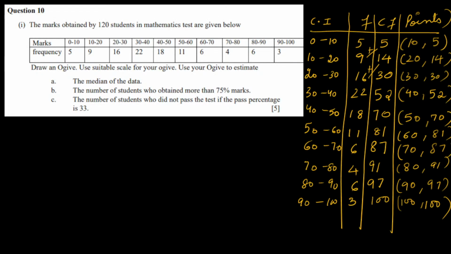Now let's see the question. Plotting of the curve is done. Now we have to find the median of the data. Median is the n by 2 term, where n is the total of the frequency.